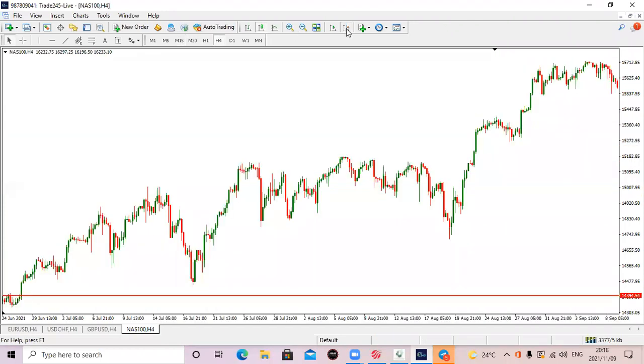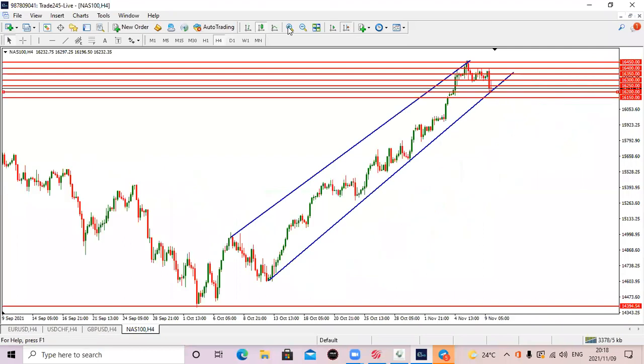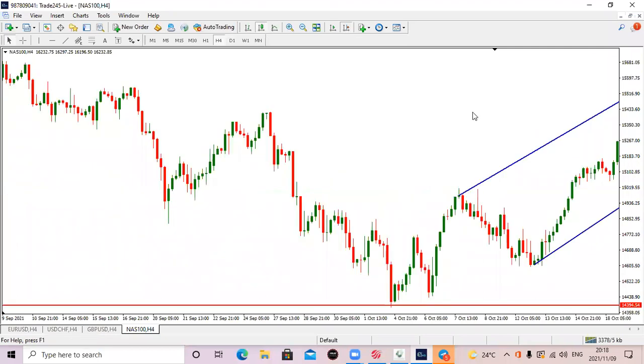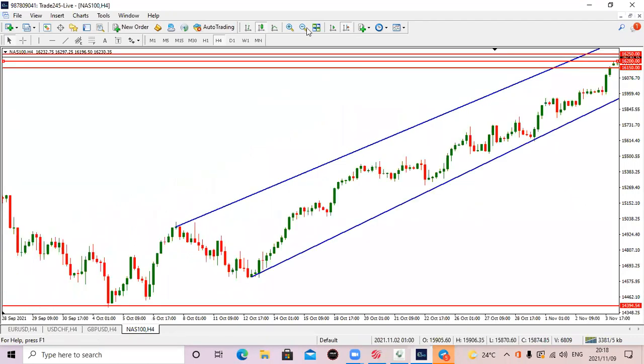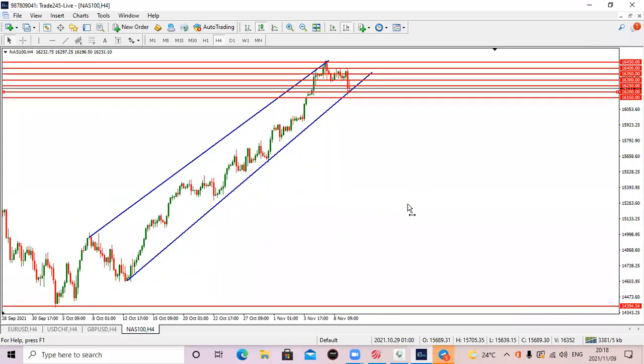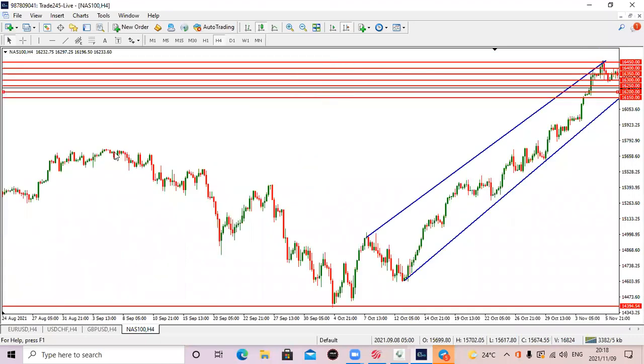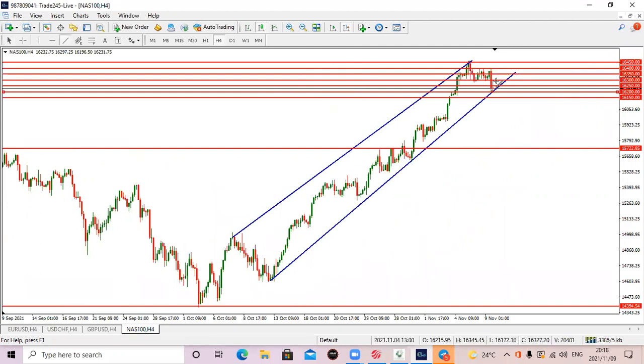I'm talking about this. If the market breaks below this structure, then it means we're coming down. Where are we coming to? Where is our previous high, which is this one? If Nasdaq breaks, thereafter we're going to look for an opportunity to break until that, so that will be your target.